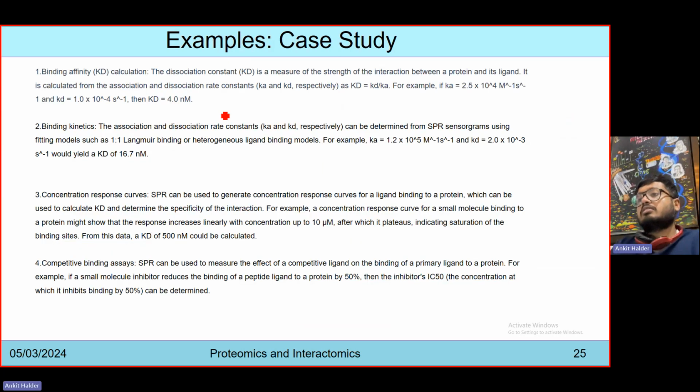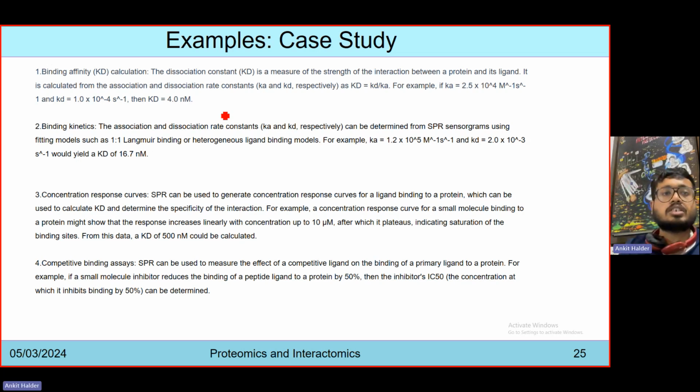So now these are some example case studies which you can definitely try out, like the KD calculation. The dissociation constant is a measure of the strength of the interaction between your protein and the ligand, from the association and the dissociation rate constants. So KD equals Kd by Ka. So if K equals this much, then KD equals 4 nanomolar, right?